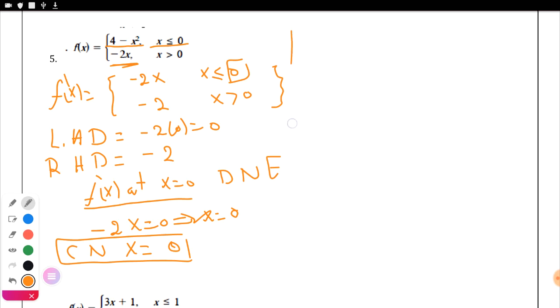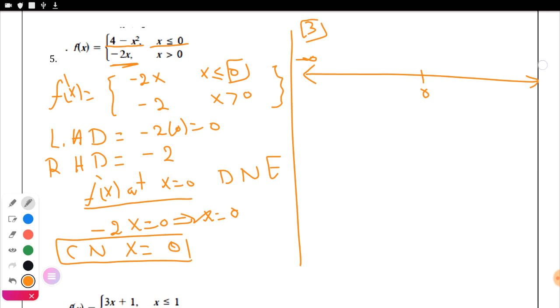Then the third step, and also the critical number must be in the domain. Here I'll draw the line: 0, negative infinity, and here infinity.